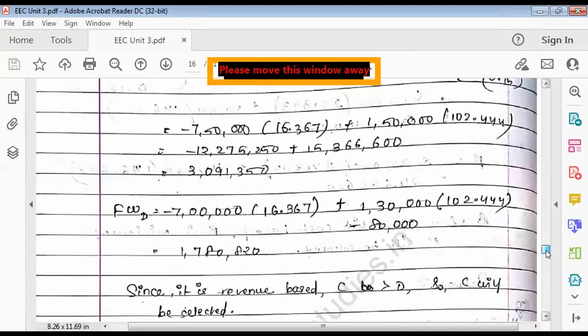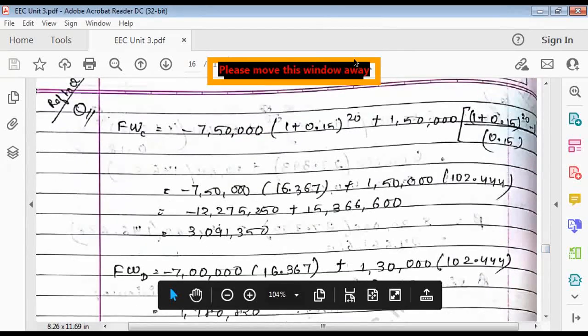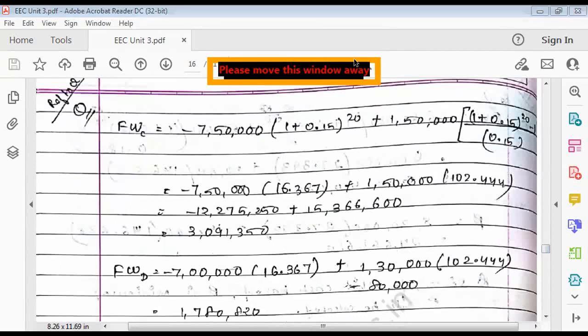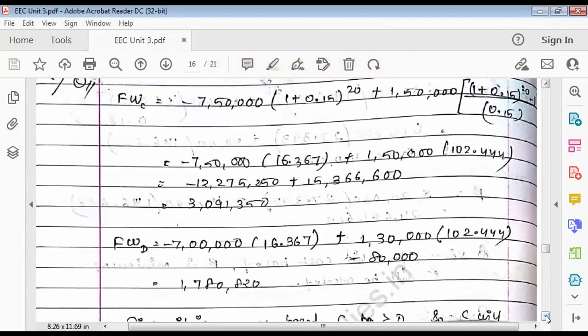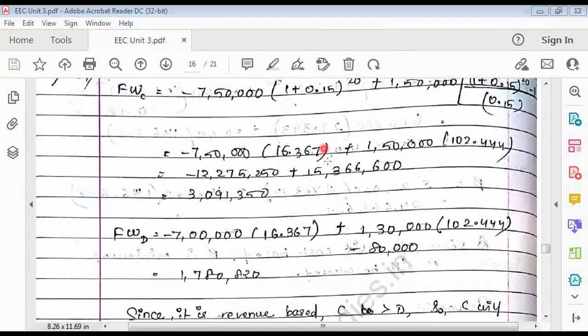Where is the solution? This one. You see again, the negative sign appears because this is a revenue dominated case. So again the negative sign appears before C naught. So minus 7,50,000 one time investment. So that is why the first formula has been used, whose value is 16.367.